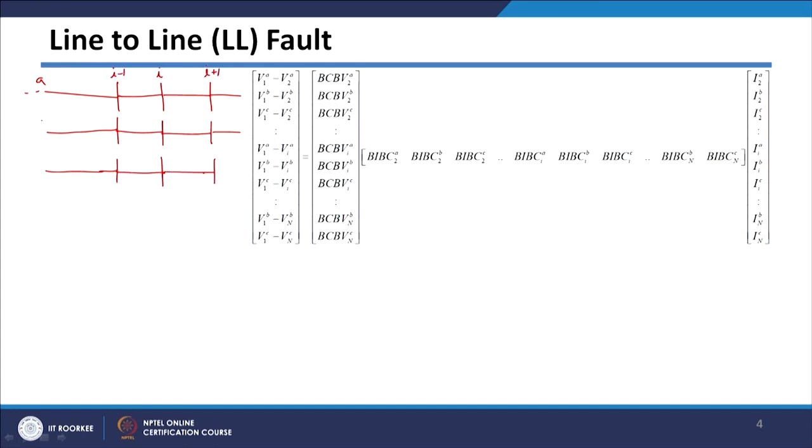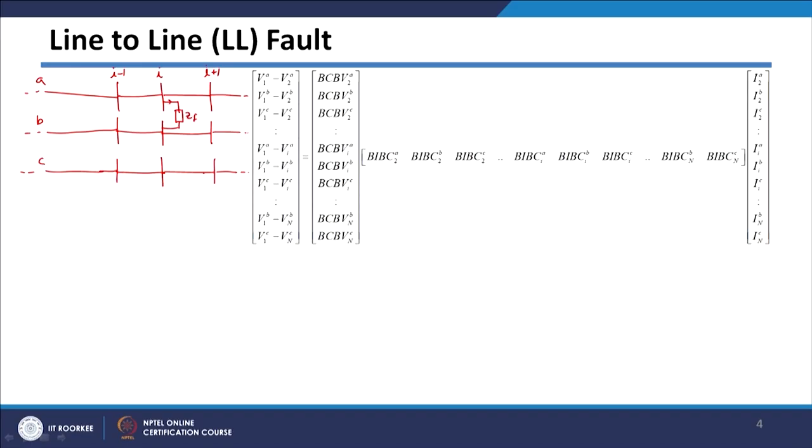This is your B phase and this is your C phase, and it is part of a big system. That is why I am showing dots here, so that it is part of any big system. And let us say A phase is getting short circuited with B phase with say impedance ZF.